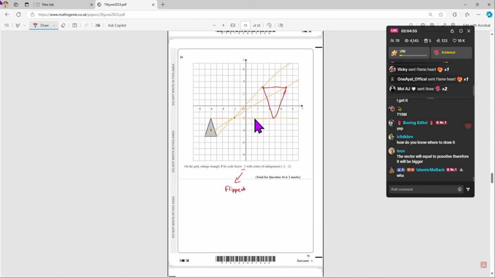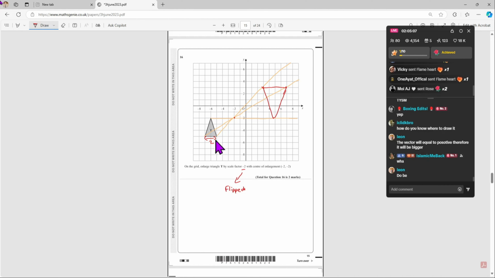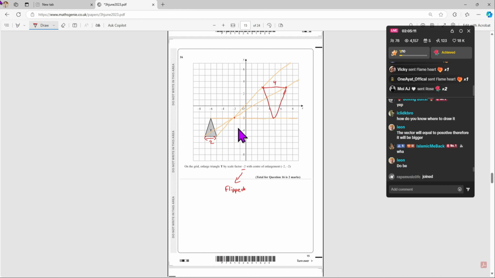And then it says scale factor of -2, so you have to increase the size of our shape by a factor of 2. So our base is 2, that means over here our base is going to be 4. And our perpendicular height is 3, and our perpendicular height is 6 over here.